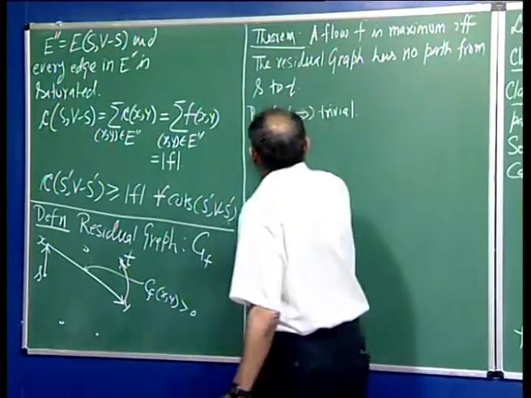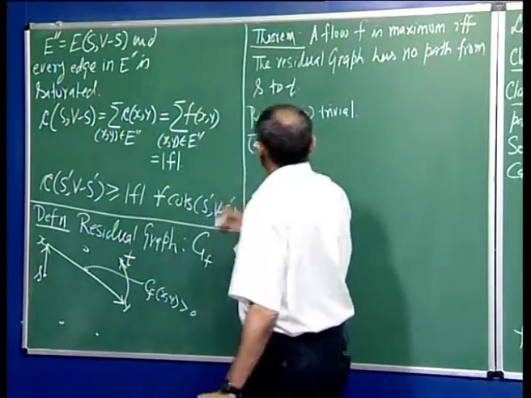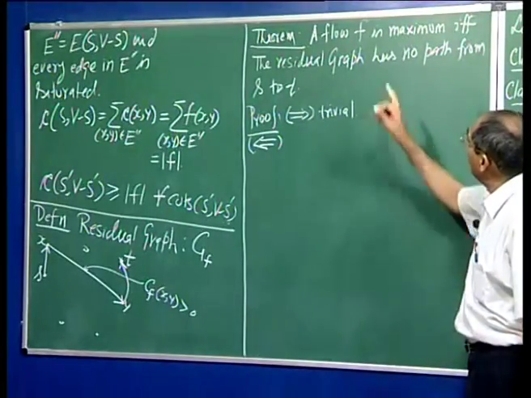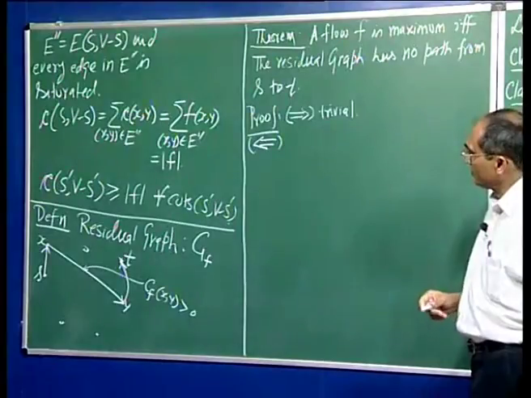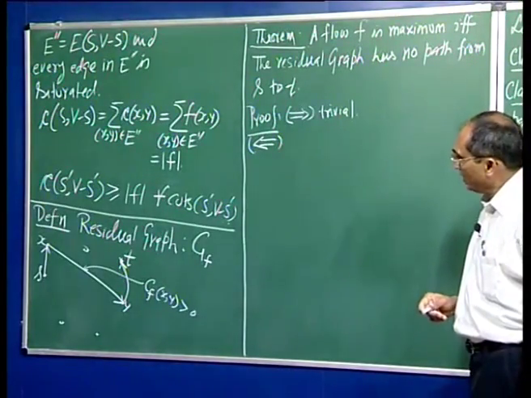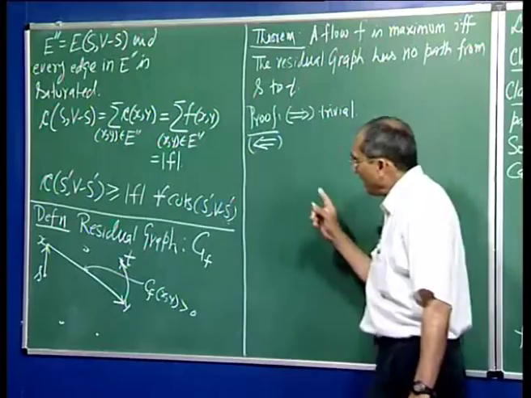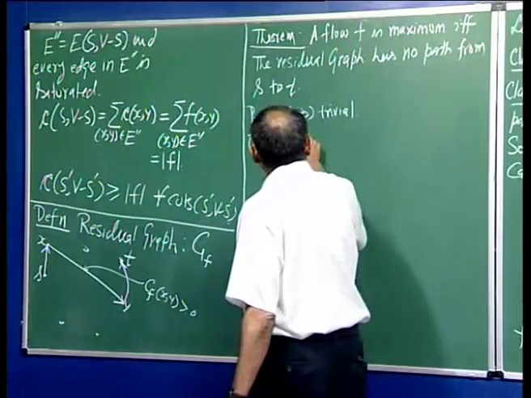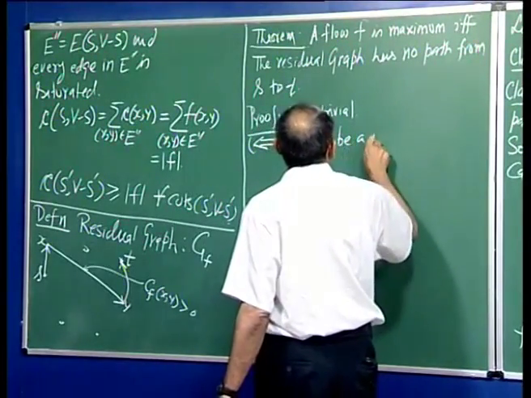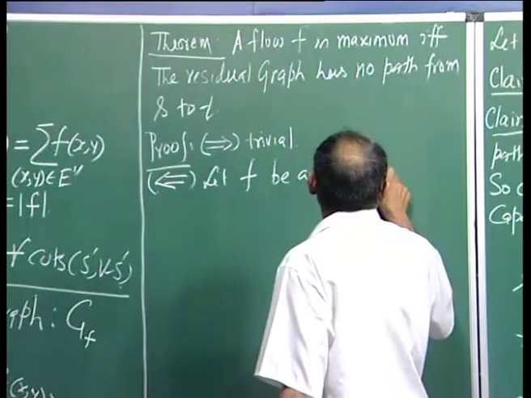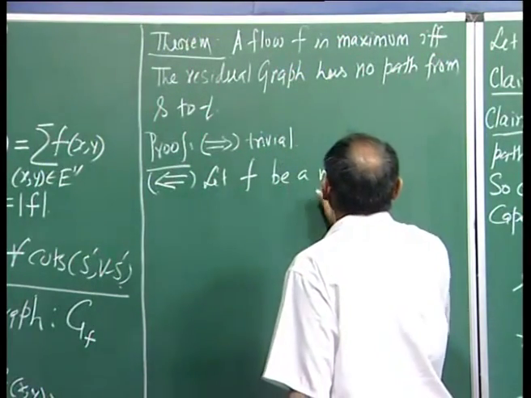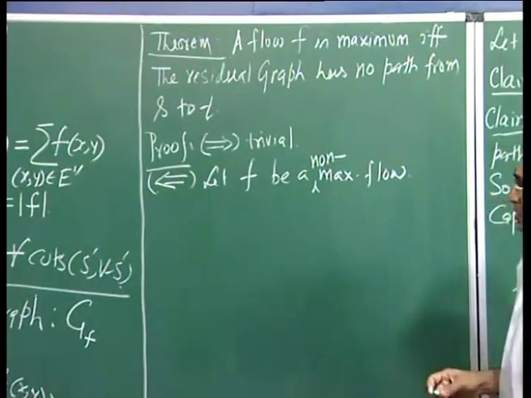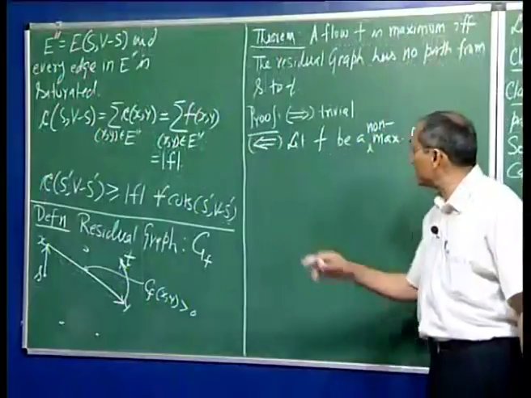So, let us try to prove the converse. This time I want to show that if indeed F is not a maximum flow, then there always exists a path from S to T in the residual graph. So, let F be a non-max flow, because we want to show that there will be a path in this case in the residual graph.